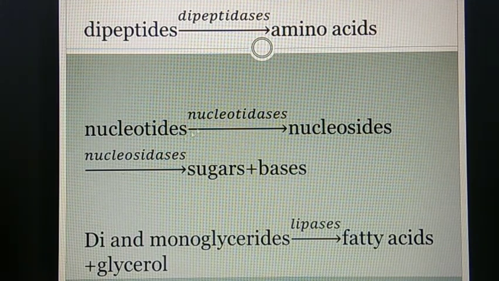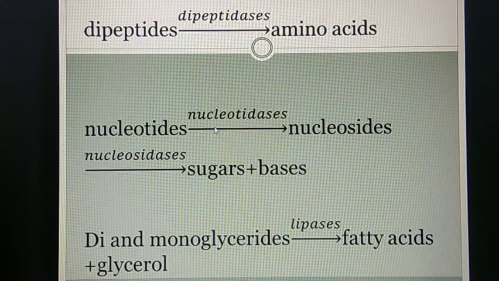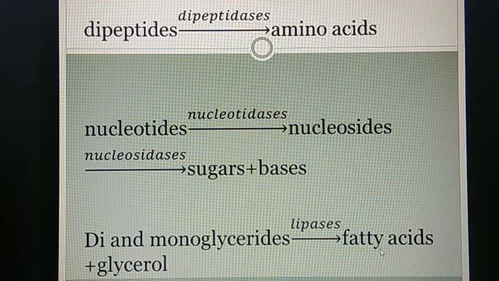These two enzymes are involved with nucleic acid digestion. Another enzyme present in the intestinal juice is lipases, which convert di and monoglycerides into fatty acids and glycerol. And the intestinal juice is otherwise called succus entericus.